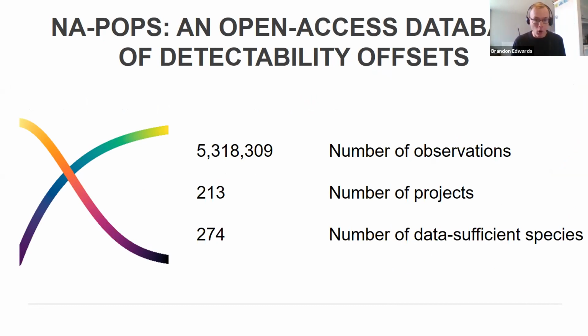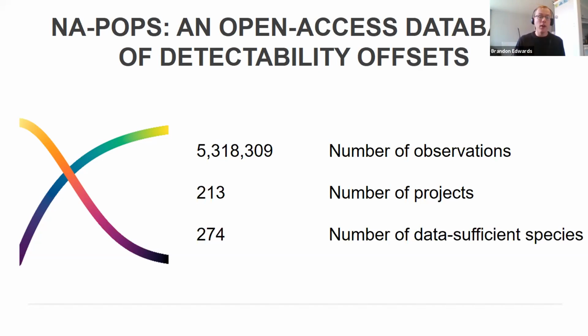So we want to create, and in fact, we are creating, an open access database of these offsets by considering counts from as many different surveying conditions as possible for as many different species as possible in North America. So currently, NA POPS represents a growing partnership of data providers across North America who are providing data to us to calculate these offsets.